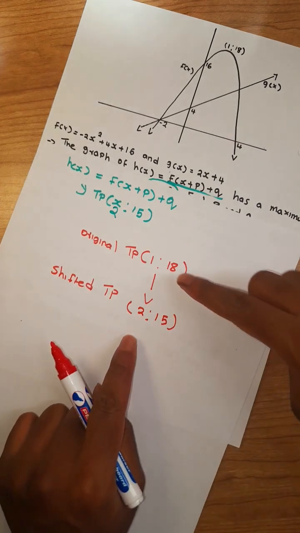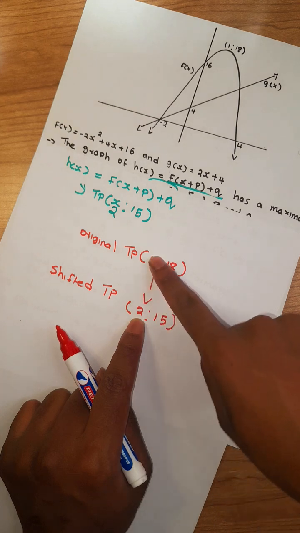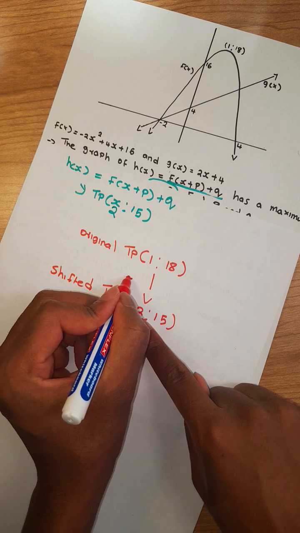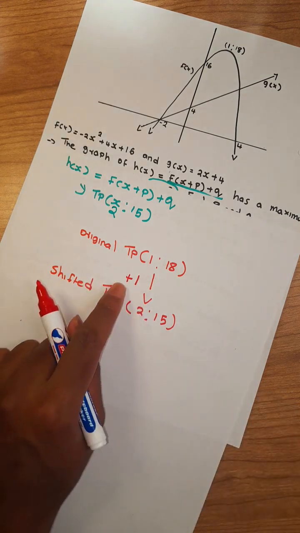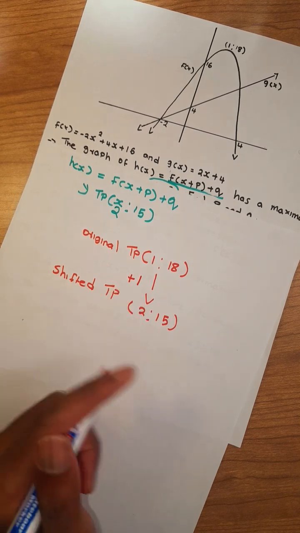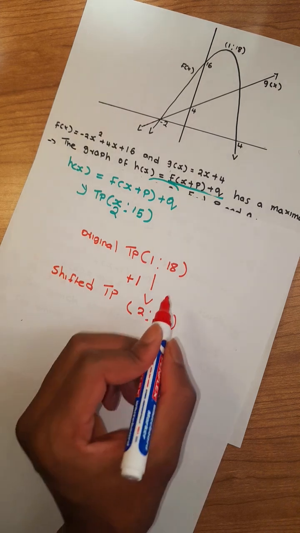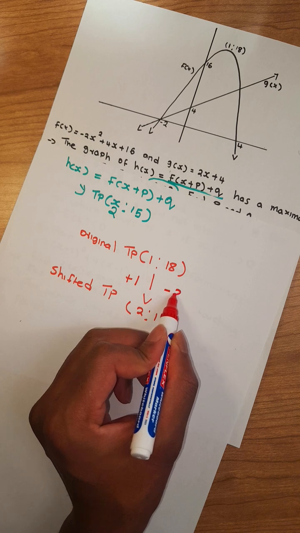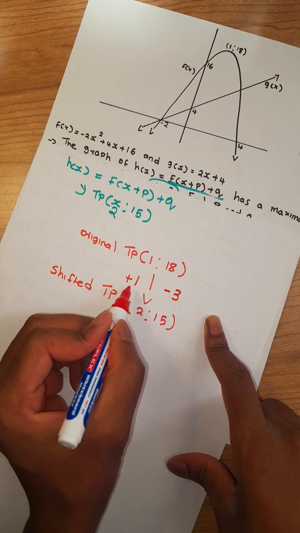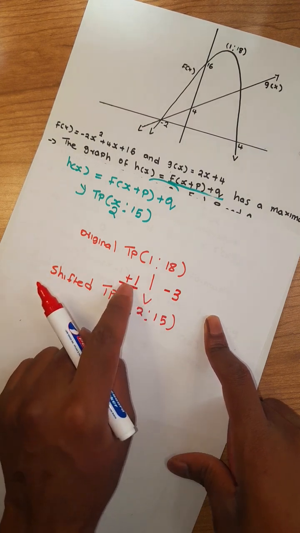How did we move from 1 to 2? The best way is to add 1, isn't it? You plus 1. And then how do you move from 18 to 15? You subtract a value of 3. So when you move 1 unit to the right, you are adding 1.